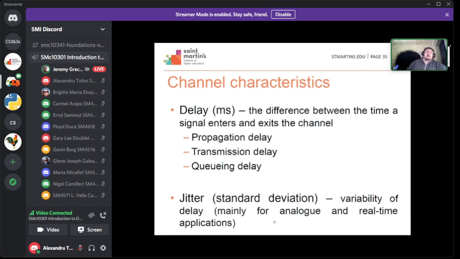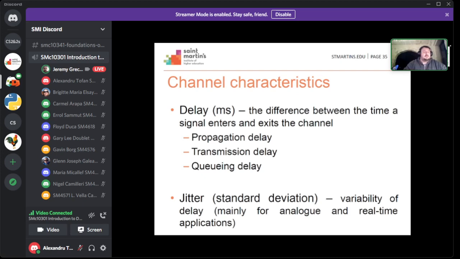The transmission delay or a queuing delay. The transmission delay would be the delay upon which data is actually being pushed into the medium first and foremost. And the queuing delay might be because you might actually have a number of other transmissions happening at any given point in time, and it needs to wait its turn essentially before it is pushed forward.